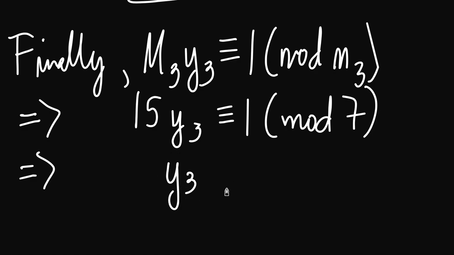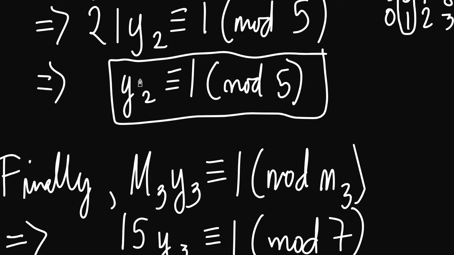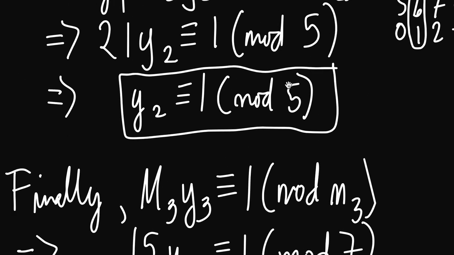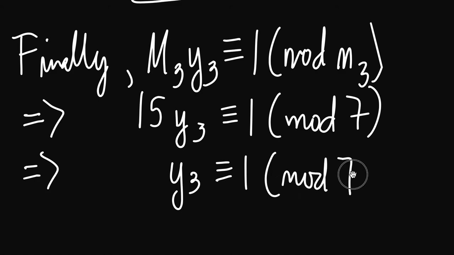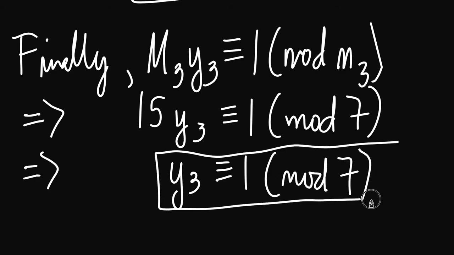Similarly with our 2, you can think of 21 divided by 5 as 4 remainder 1, so that's why it has a remainder of 1. 15 divided by 7 is 2 remainder 1. So there's a 1 there. So we can just put the 1 here on the right hand side and copy it. So this is our third y sub 3.